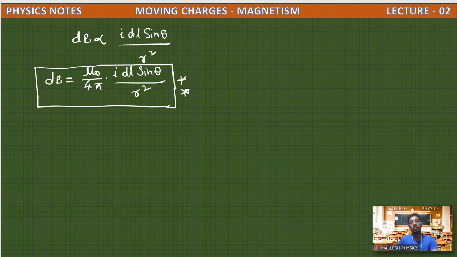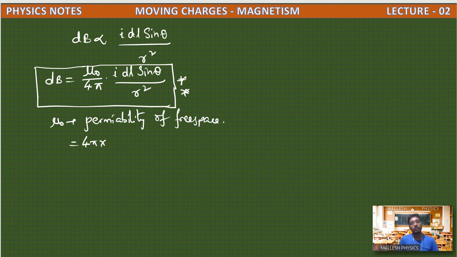Here mu naught is the permeability of free space, and its value is 4 pi into 10 power minus 7 Tesla meter per ampere. Okay, right.